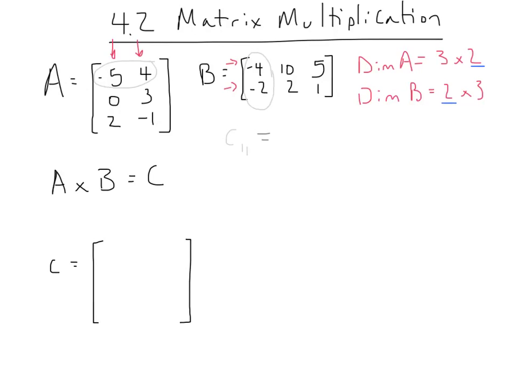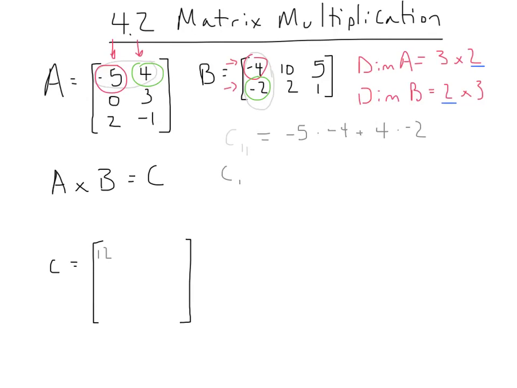What we're going to multiply here is negative 5 times negative 4 plus 4 times negative 2. So we looked at this times this, plus this times this. And our result is 20 plus negative 8, which is 12.